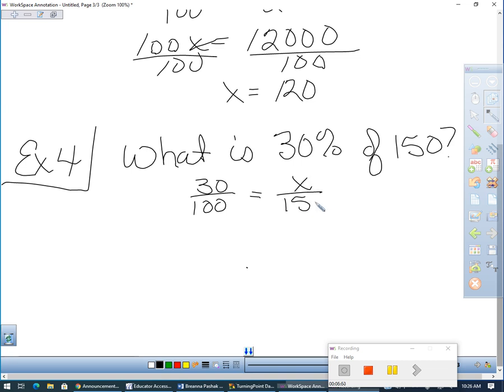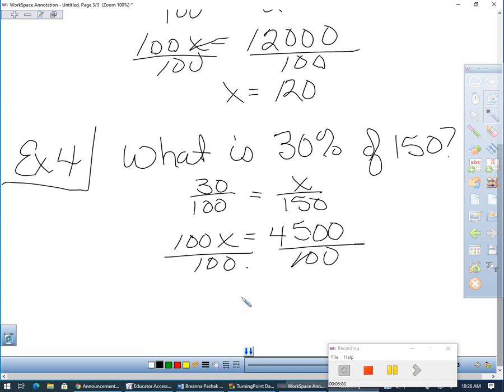Perfect. Thank you. So when we cross multiply, we have 100 times x is 100x. 150 times 30 is 4,500. Maybe. Dividing both sides by 100. Perfect. X equals 45.